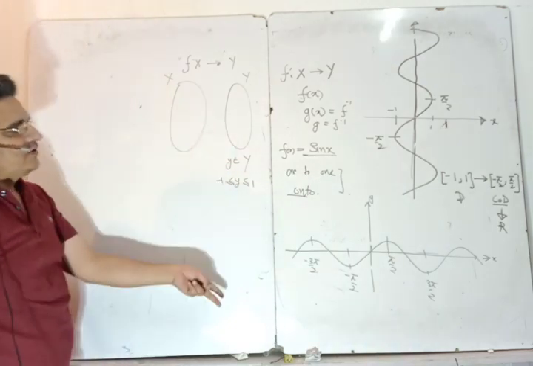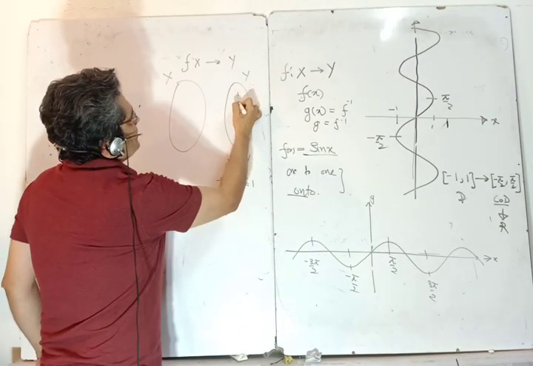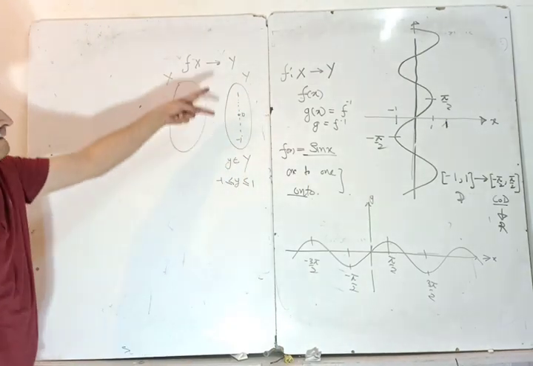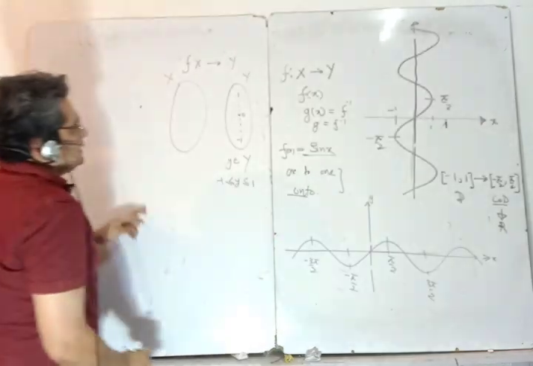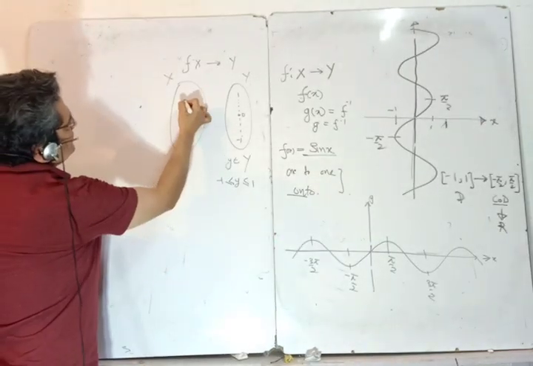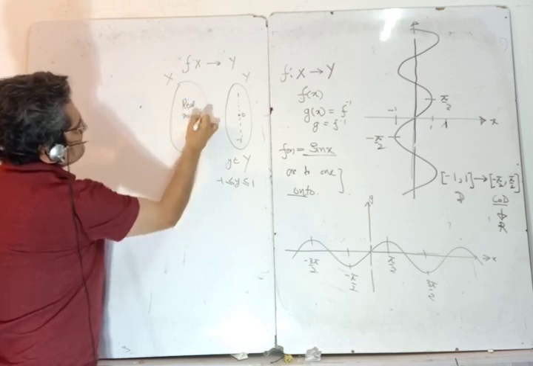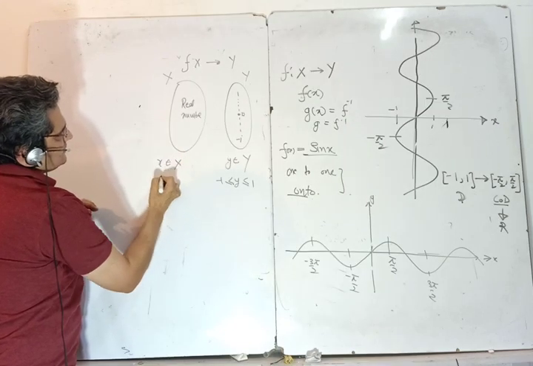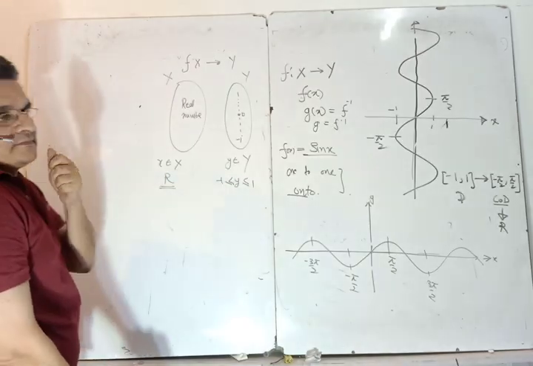So y can take all values from -1 to 1, all values in between. This is how I have defined Y. And if I define X as all real numbers, x belongs to X and it is a real number.